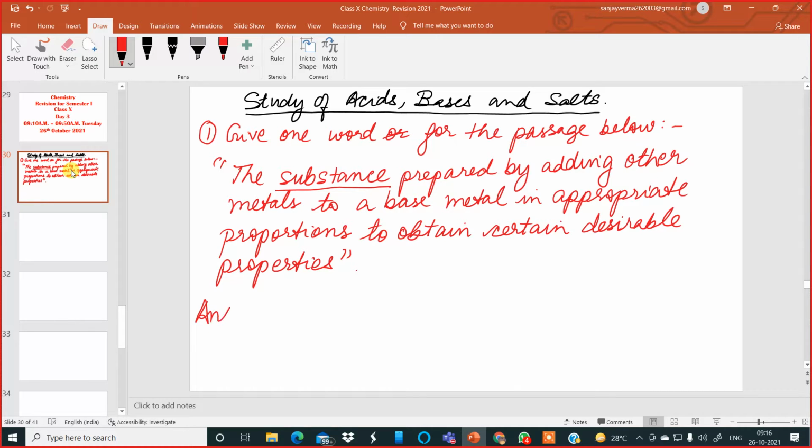Yes, anyone with the answer? What is that substance called? The substance prepared by adding other metals to a base metal. Mixing a nobler metal, baser metal, if you mix them in the molten state.